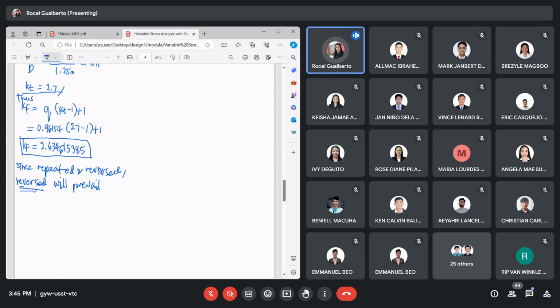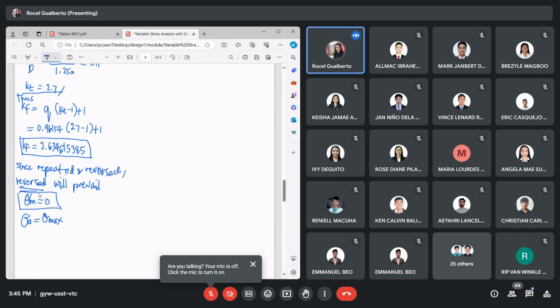Sigma M is equal to 0. And what about sigma A? Sigma A is equal to sigma maximum. Yan po yung property ng reverse stress. So, kung magsama po yung dalawa, reverse will prevail. Sigma A equal to sigma maximum.